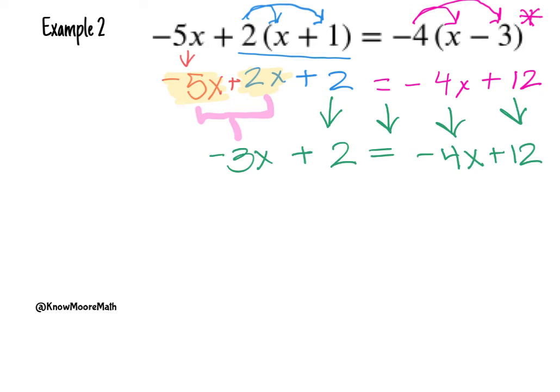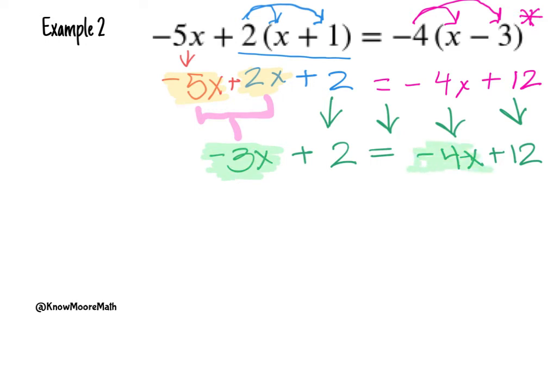So now my objective is to move all variables to one side and all constants to the other. So I'll start with my variables, and I have this negative 3x and I have this negative 4x. And sometimes students prefer to highlight them. So I know that this is possibly going to get moved and that's possibly going to get moved.